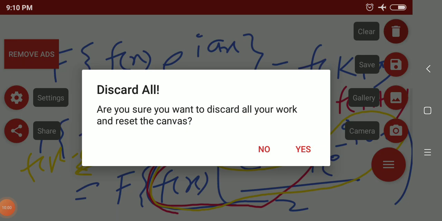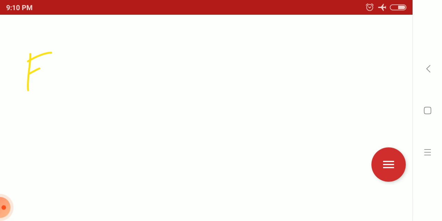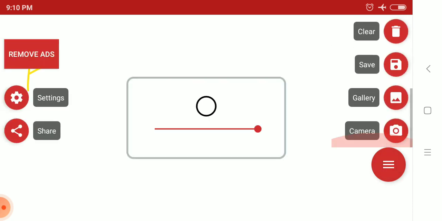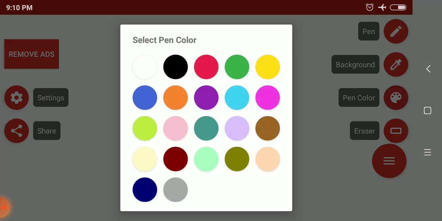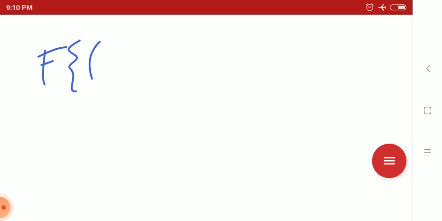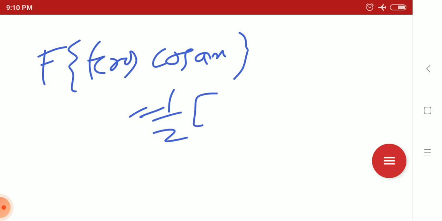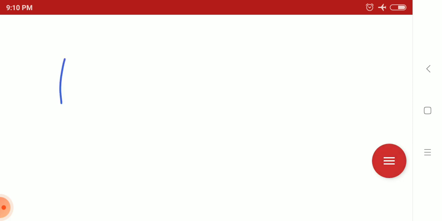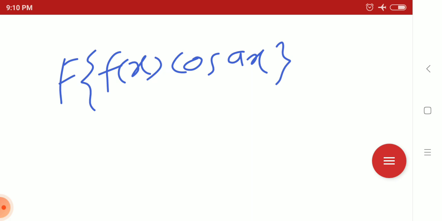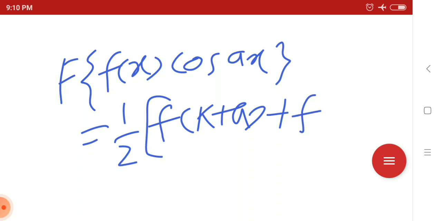So we can write the modulation theorem in such a way: let me write clearly, sorry. The Fourier transformation of f of x cos of ax equals half of f of k plus a plus half of f of k minus a. So this is the modulation theorem.